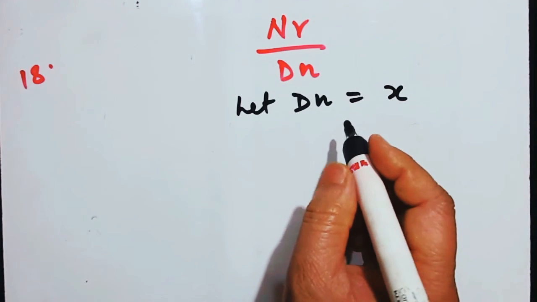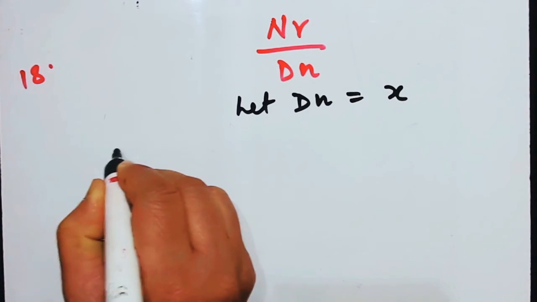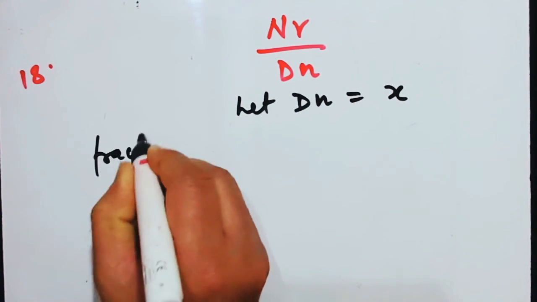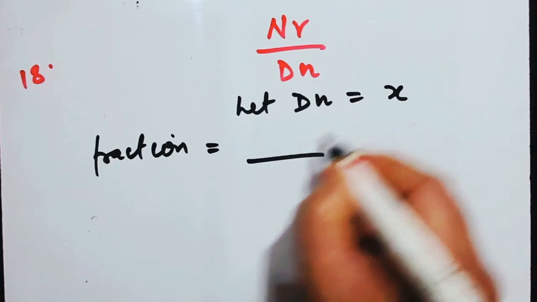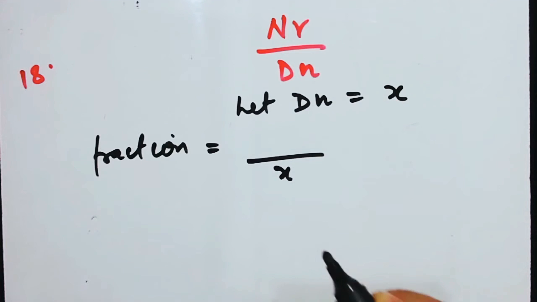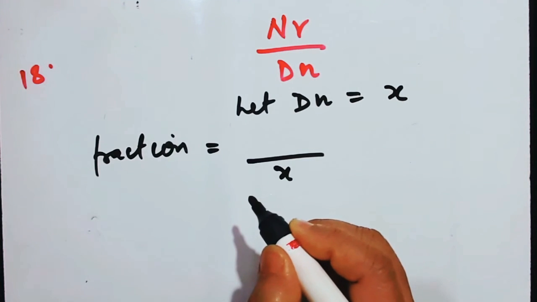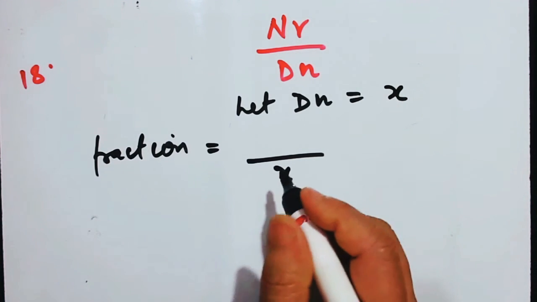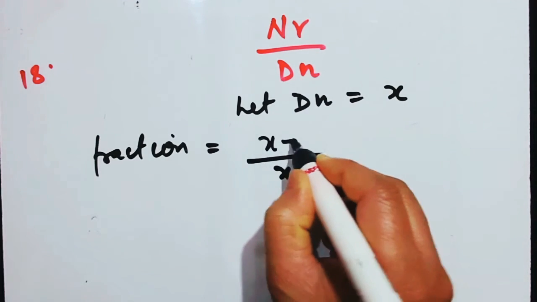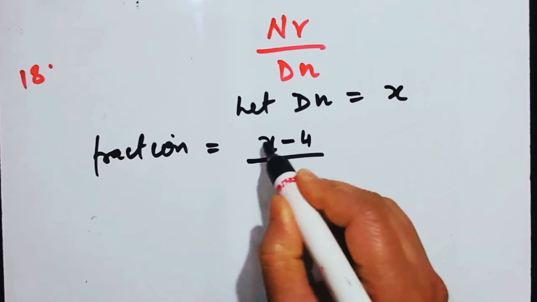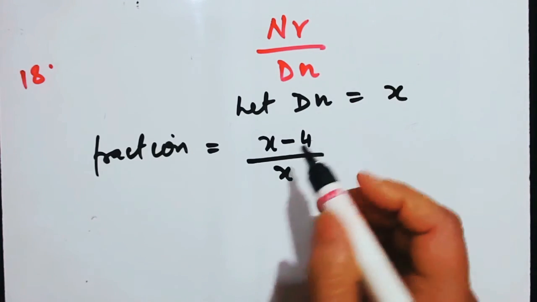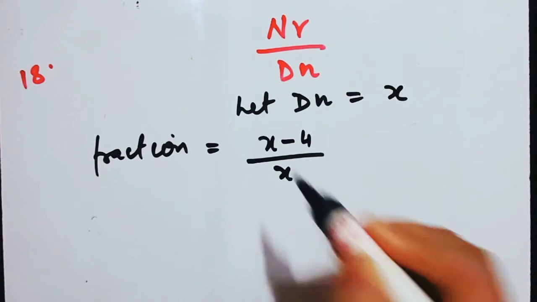So naturally the fraction will be equal to, the denominator was x, and here they say that the numerator of a fraction is 4 less than the denominator. Means this is my numerator, x minus 4. Therefore, this is my fraction.